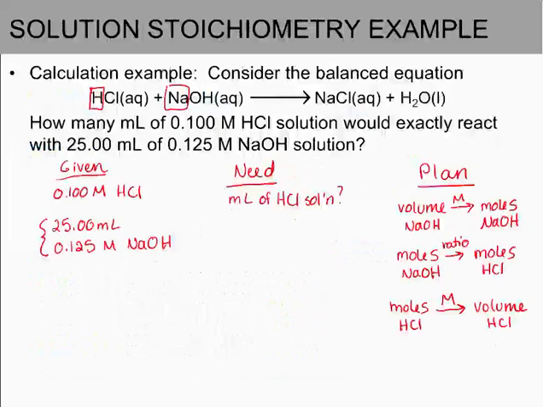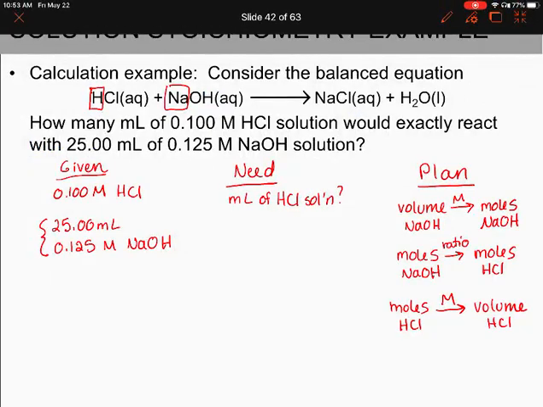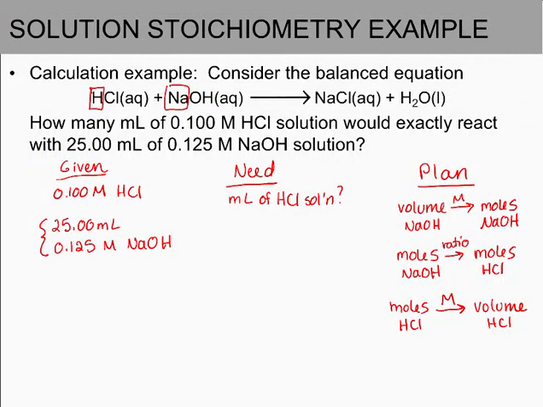This is actually a really similar flowchart to what we've used previously. So remember, when we were using moles before, we were typically converting grams of a reactant to moles of a reactant, and then we converted to moles of a product, and then to grams of the product. But in this case, instead of molar mass, we're going to use molarity. So let's actually write out the flowchart how we might have previously written it.